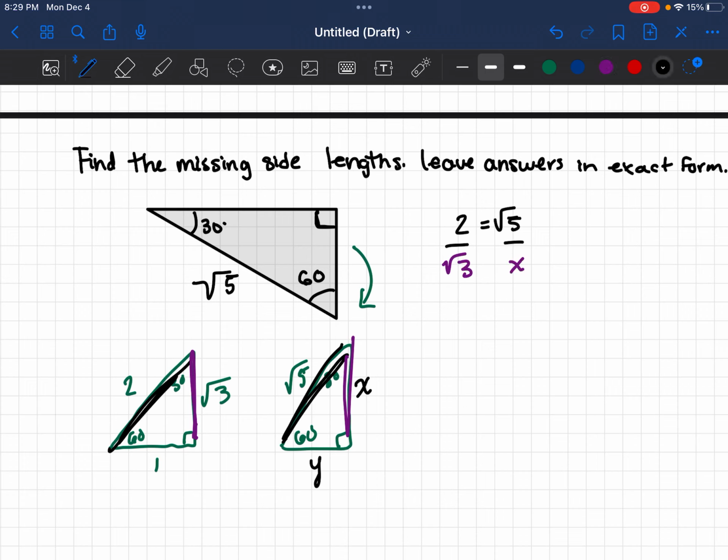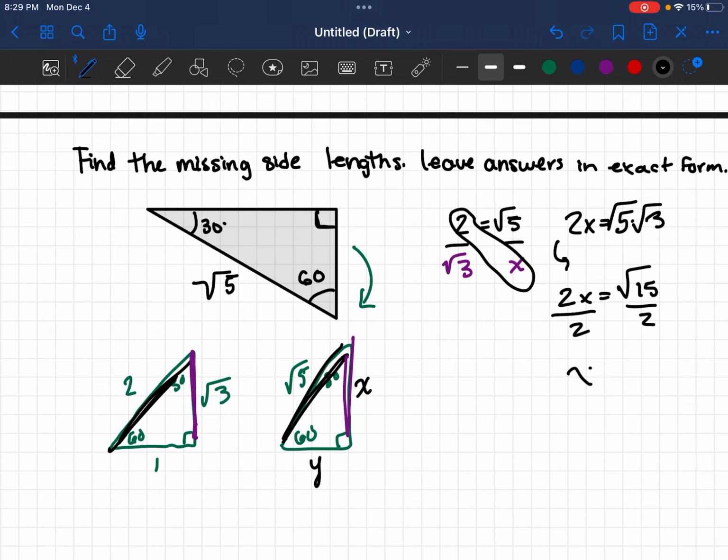Then I'm going to multiply across, and I get 2x equals the square root of 5 times the square root of 3, which I can rewrite as 2x equals the square root of 15. I can then divide by 2, and I'm left with x equals the square root of 15 divided by 2.